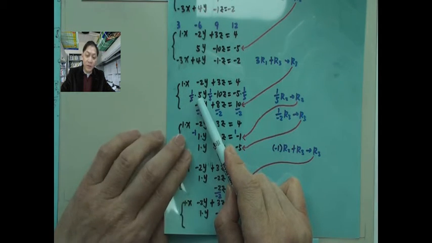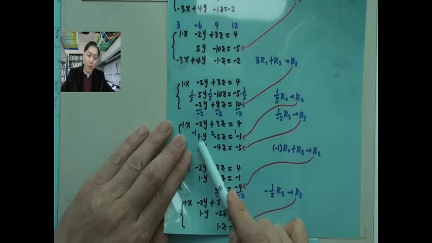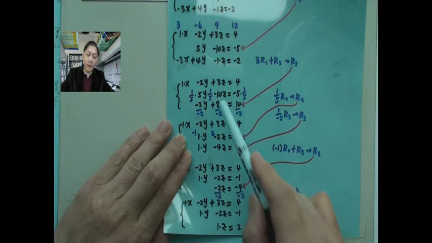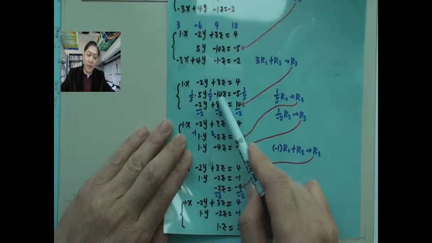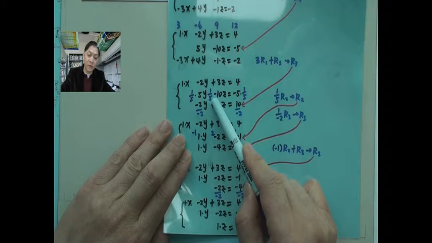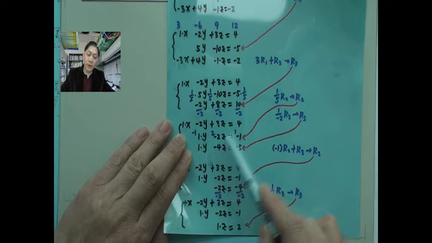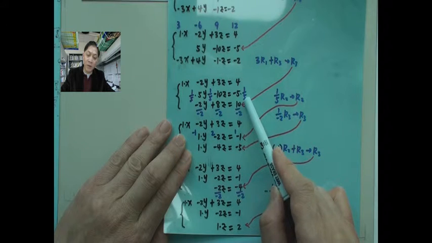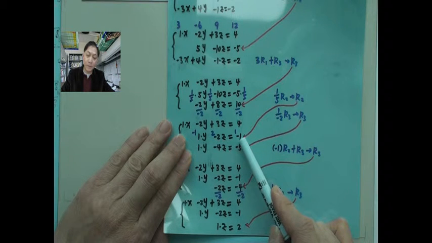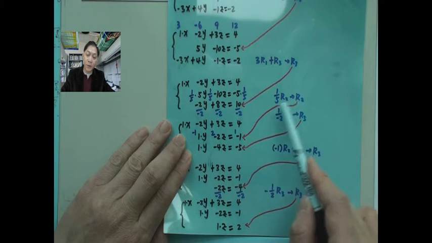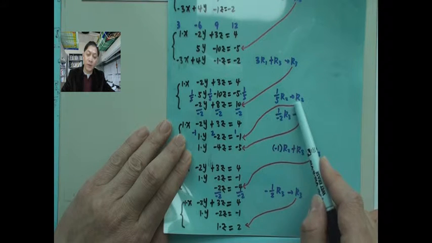Five divided by 5 is 1y. And then negative 10 divided by 5, negative 2. Negative 5 divided by 5, negative 1. So for this one, row 2 divided by 5.